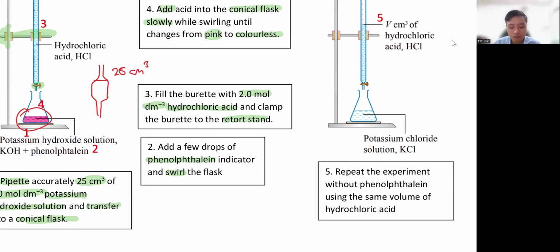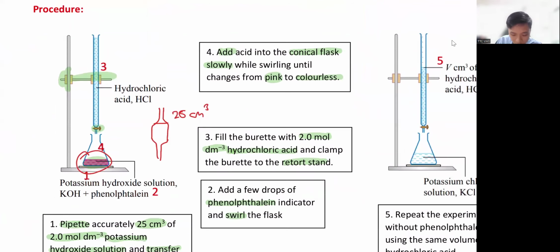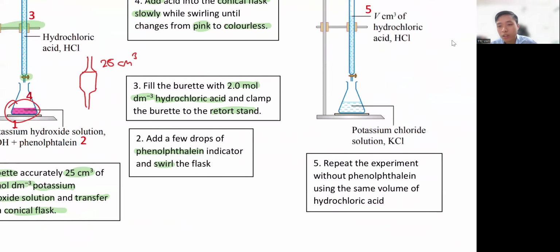So in the first experiment, I add KOH with phenolphthalein. The second time I don't use phenolphthalein. But how do I know the color change from pink to colorless without it?